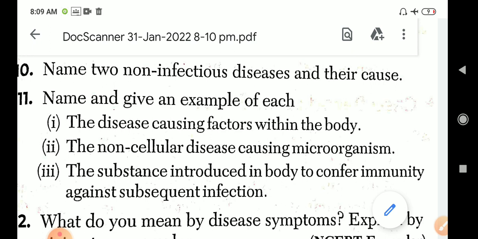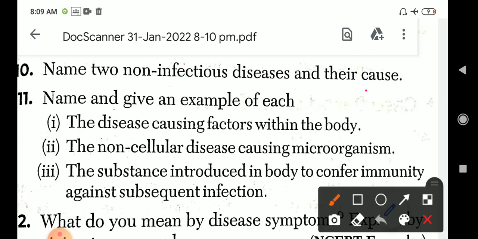Then you have to give the causes also. If we are talking about cancer, the cancer is due to genetic abnormalities. And if we are talking about deficiency diseases, then obviously you are not taking all the nutrients in your diet.